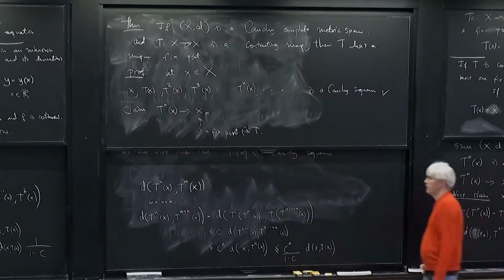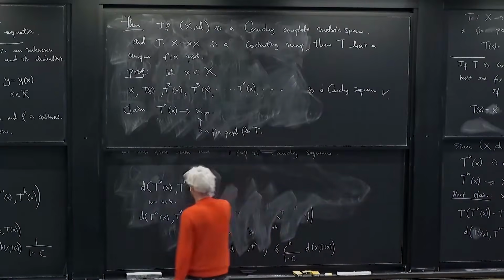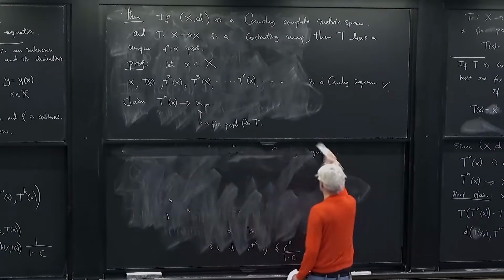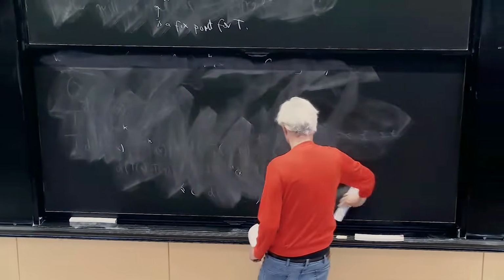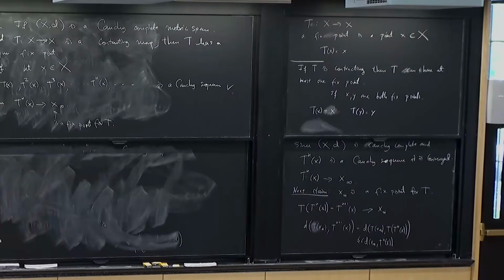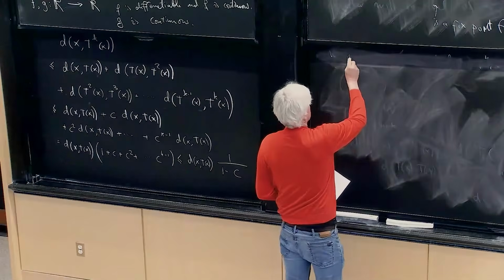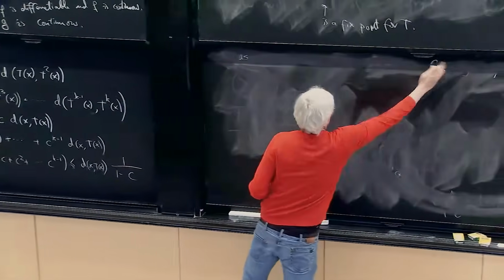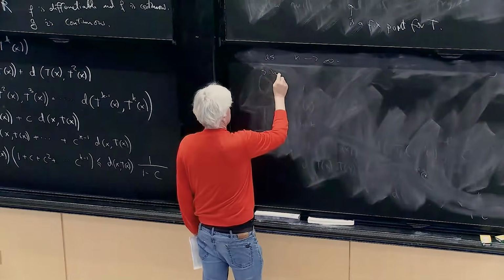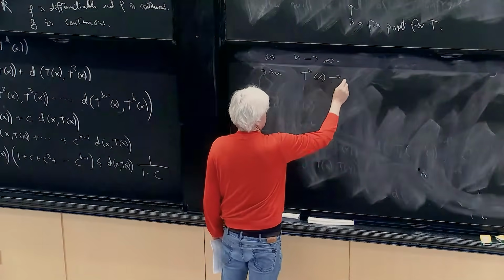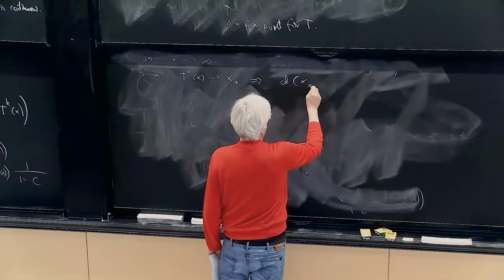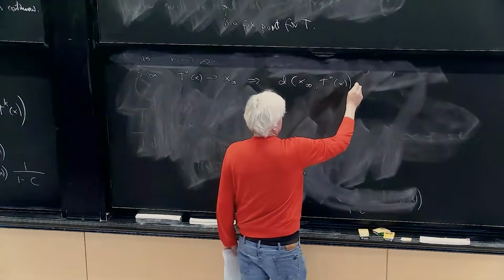You have that, as n goes to infinity, since T^n of x converges to x infinity, this is equivalent to the distance here going to 0.